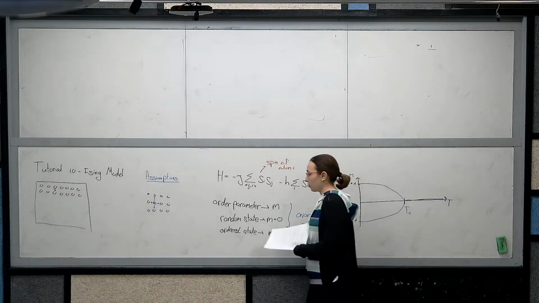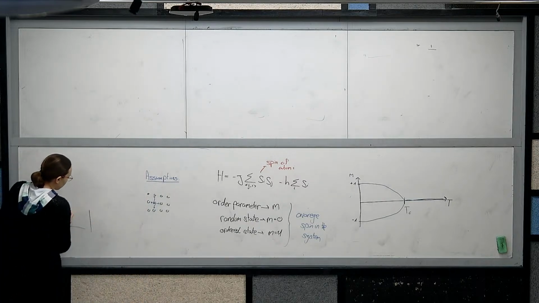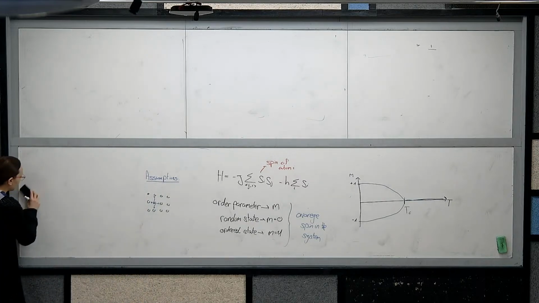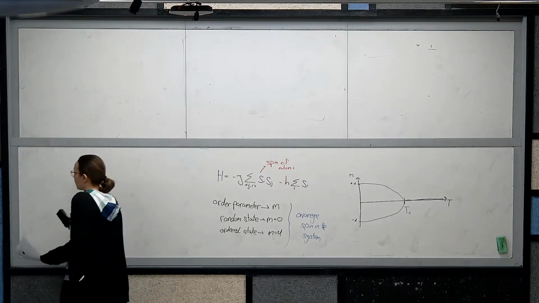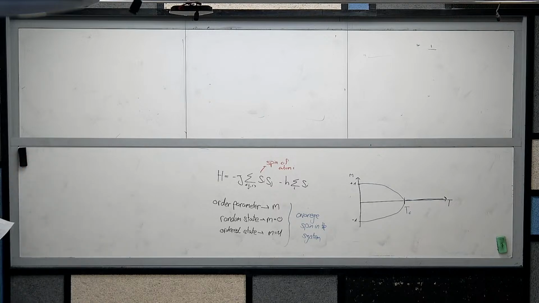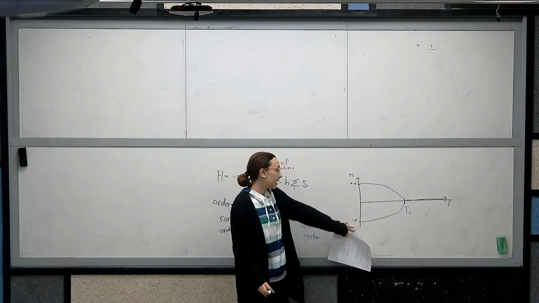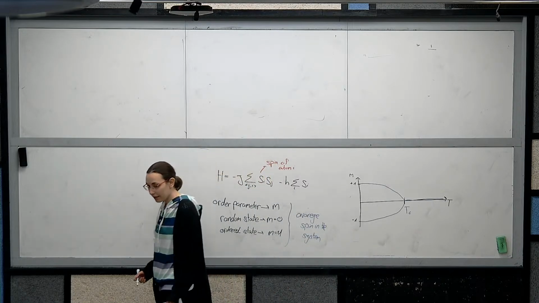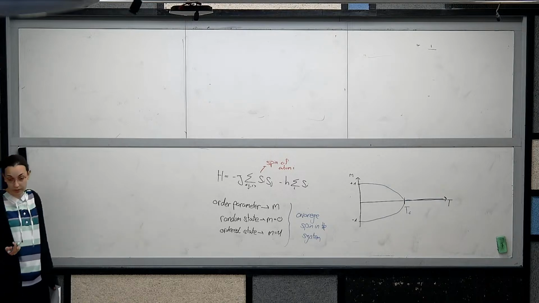Okay, so let's see it in the math. To reach this graph in a mathematical way, we need to describe the average spin in our system.